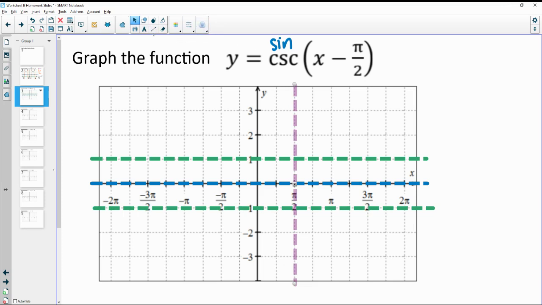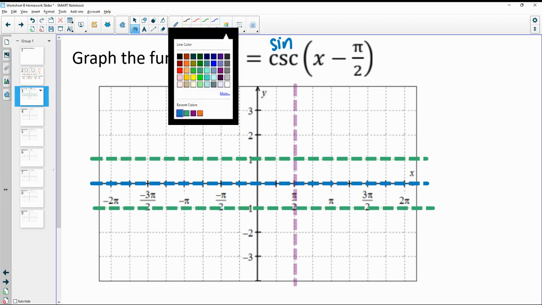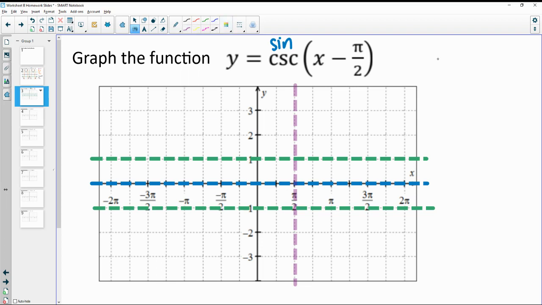So then we need the period. The normal period of the sine function is 2 pi. Our b value is 1. So our period is 2 pi, which again on this graph is 8 boxes. So when we divide by 4, we'll find out a critical point is happening every 2 boxes, starting at the phase shift.